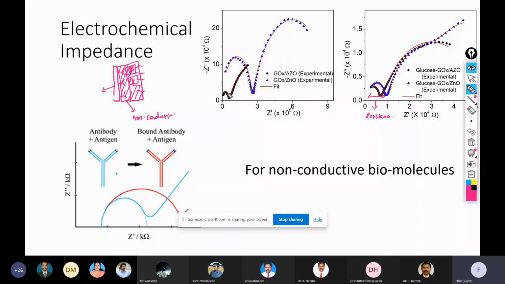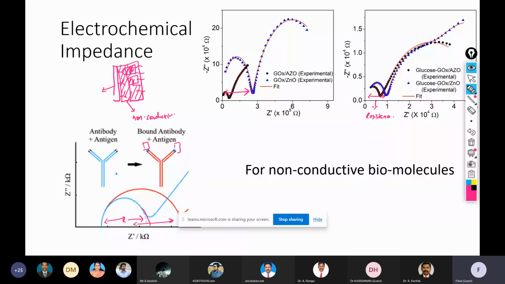So the resistance radius offered to the solution at the transducer actually increases. Below you can see a study where the antibody alone shows a certain resistance, whereas when you add antigen, which is also non-conductive, this resistance increases.